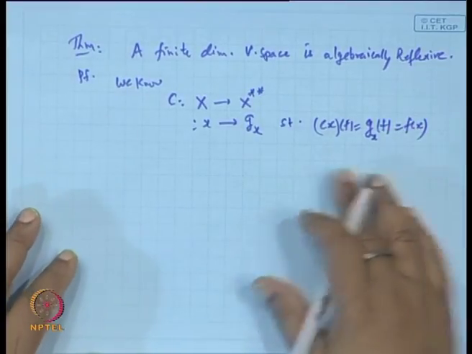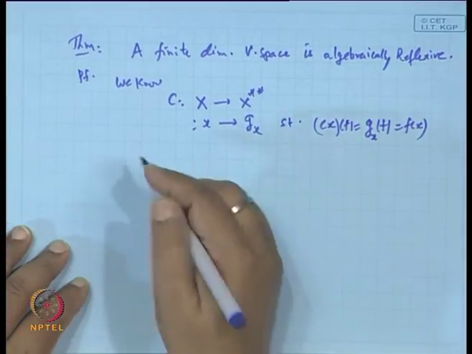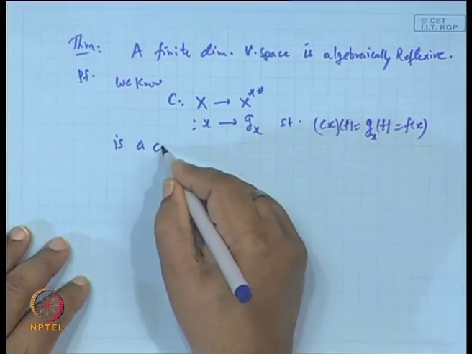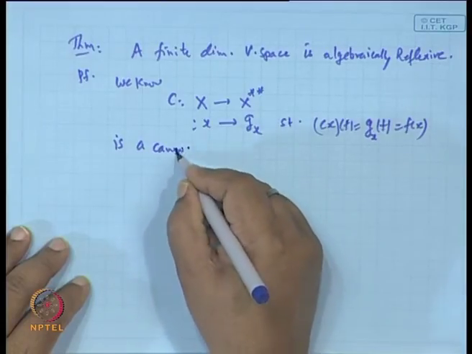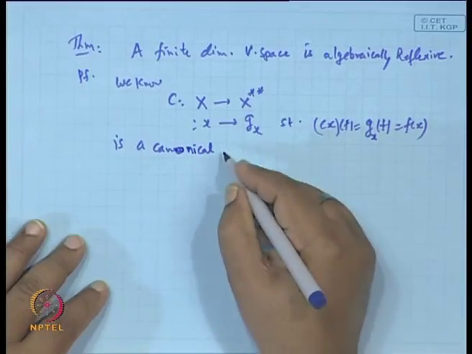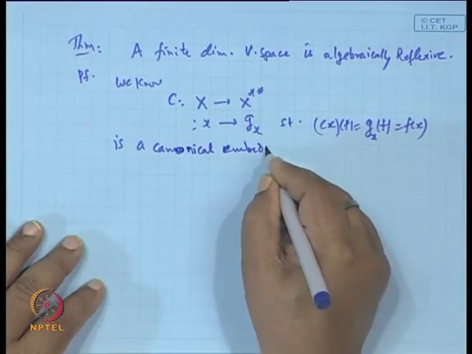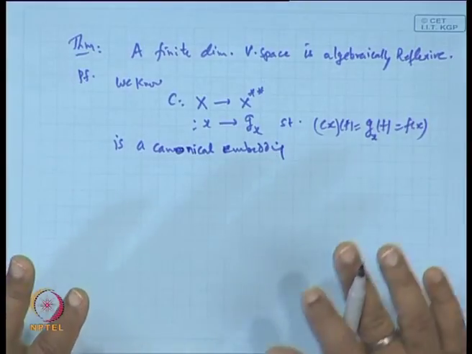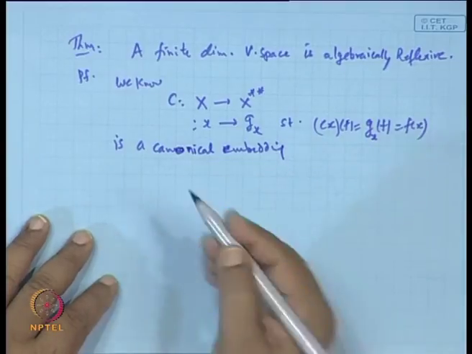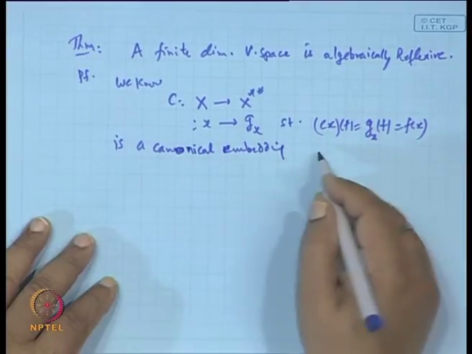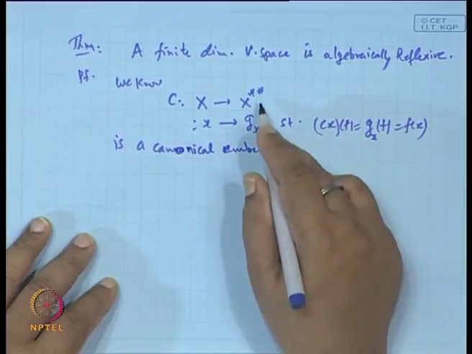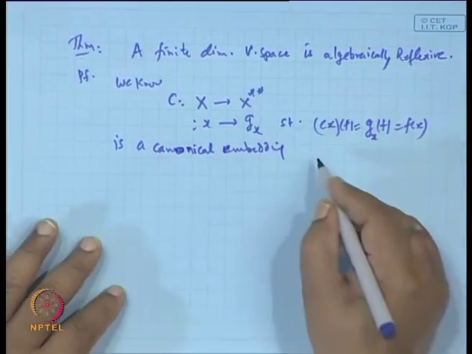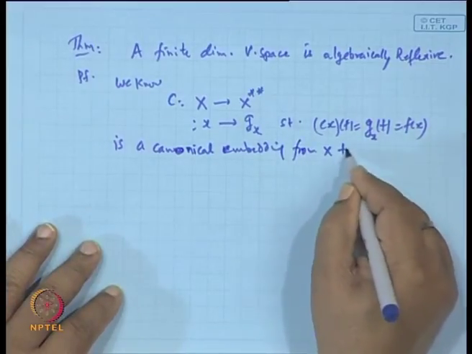That way we have defined the canonical embedding. This we know, is it not? So C is a one-one mapping from x to x double star, and R C is a subset of this. This we had discussed.